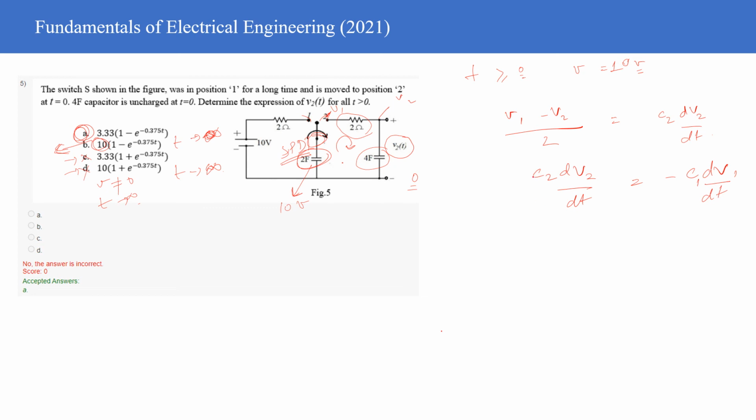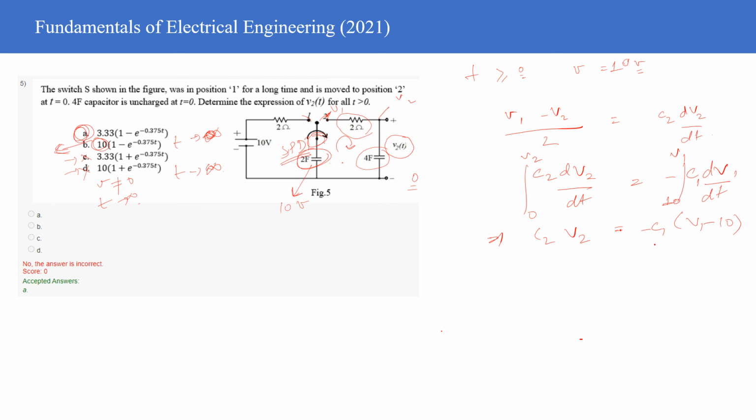Now if I take an integral of both sides, it will become C2 V2 is equal to minus C1 (V1 minus 10). Why did this happen? Because the initial voltage here was 10 and the final voltage is V1, and the initial voltage was 0 and the final voltage is V2. So from here you can write this particular expression.